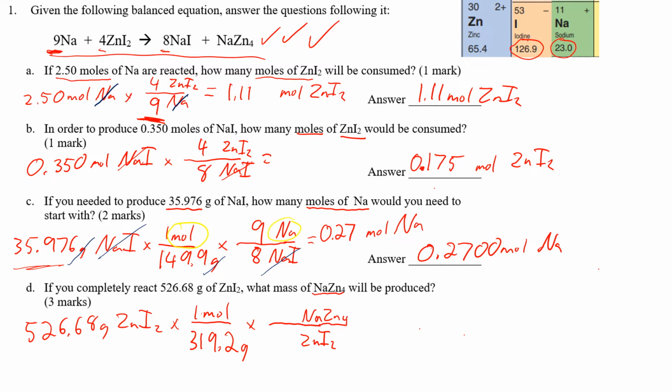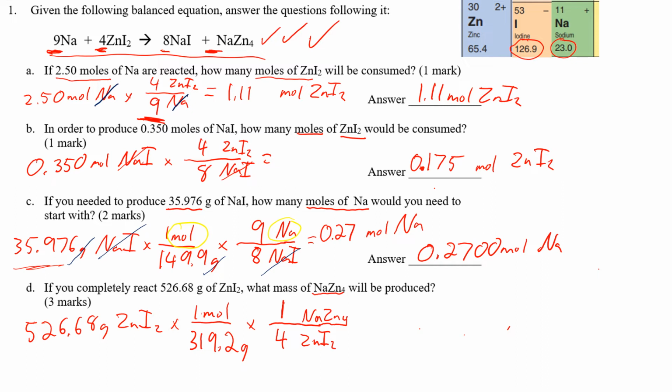I look at my ratio, and it says NaZn4 is right here, and there's no number in front of it, so that implies there's a 1. ZnI2, there's a 4 in there. So this is a 1:4 molar ratio.